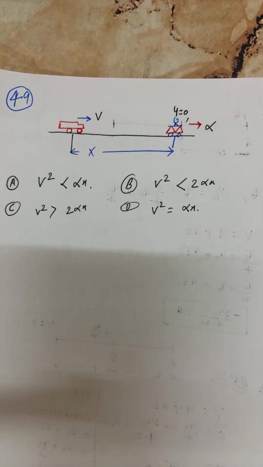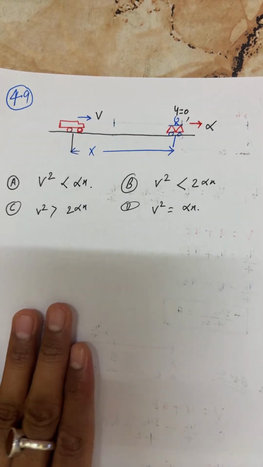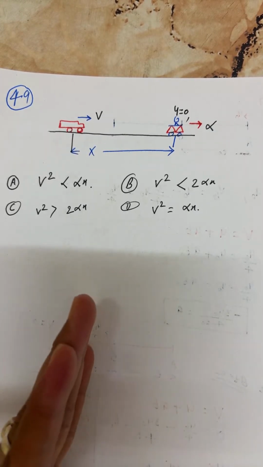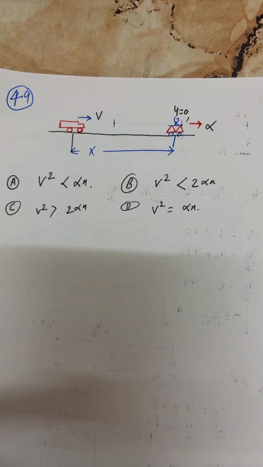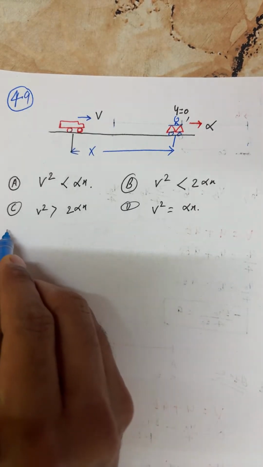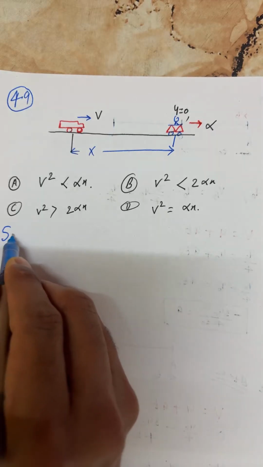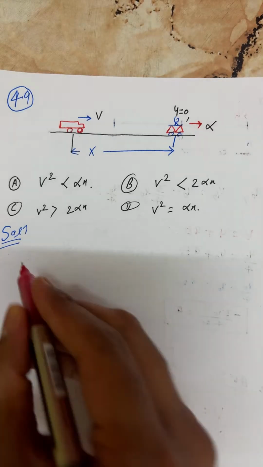Here I'll apply the relative concept of velocity, the relative concept of position vector, as well as the relative concept of acceleration, right? So first I'm going to solve this question. In the solution case, this is step one.